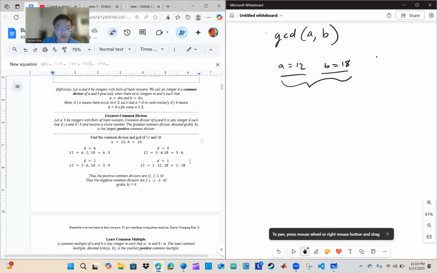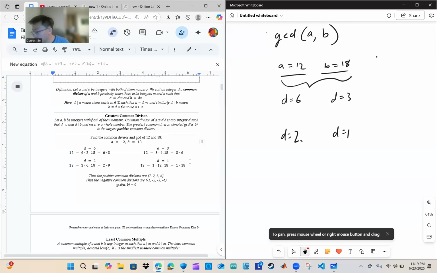Anyways, we have this, right? So we get D equals 6, D equals 3, D equals 1, and D equals 2. How did we get these magical numbers? No, we didn't get a magic. We just asked, what can I divide 12 by? Well, 12 can be divided by 12, that is multiplied by 1.